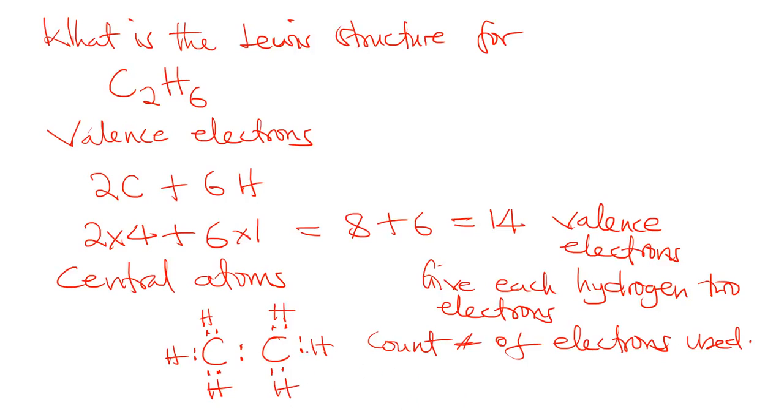I'll just connect these ones with sticks. So I'm going to have C, then H, H, H. Then another stick here, H, H, H. So that is my Lewis structure.